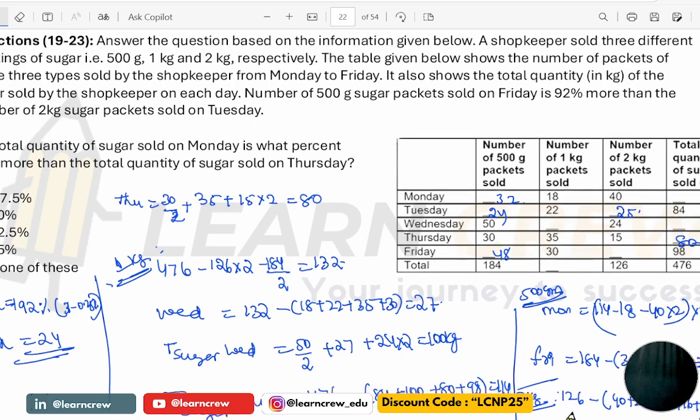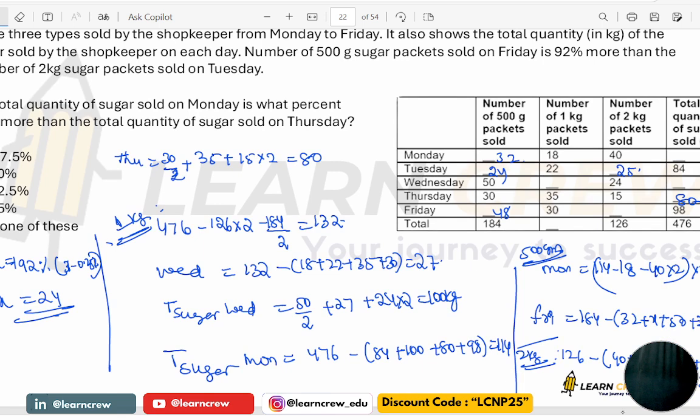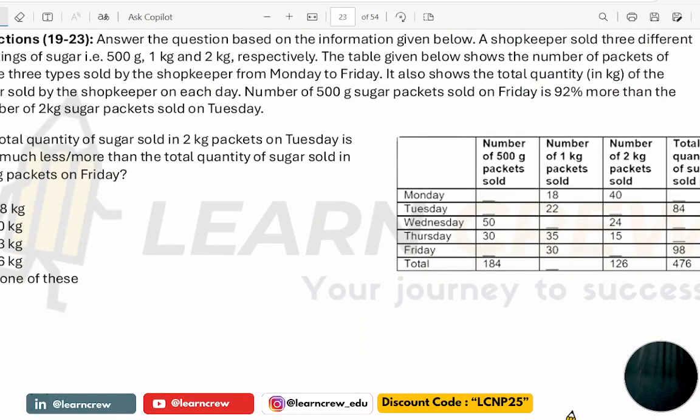Done. Now, total quantity of sugar sold on Monday is what percentage more or less than the quantity of sugar sold on Thursday? So here 114 and 80. 114 minus 80 by 80 into 100, which is 42.5%.